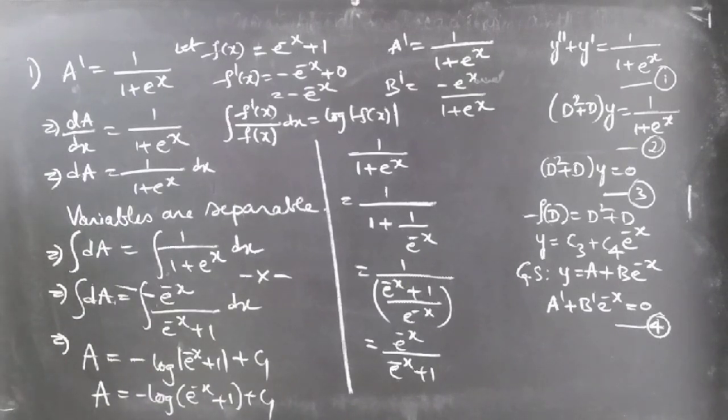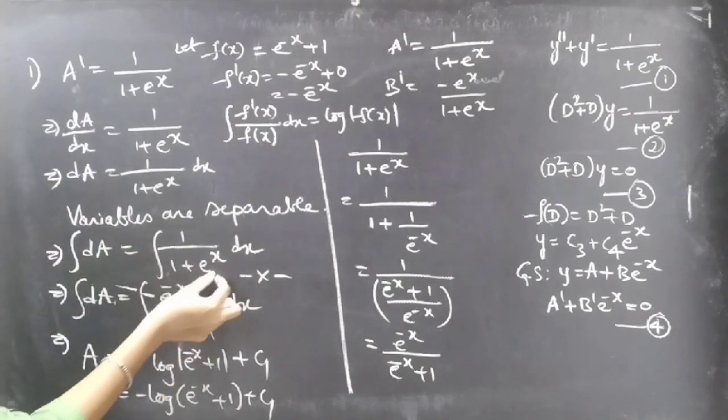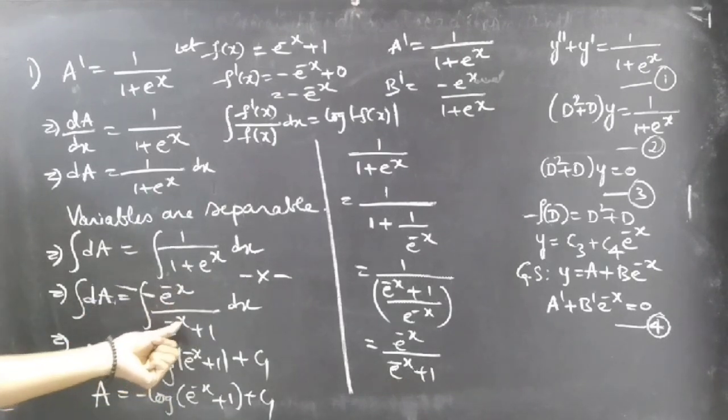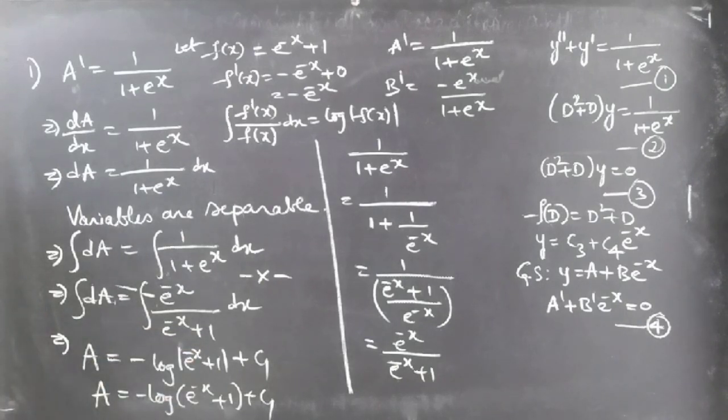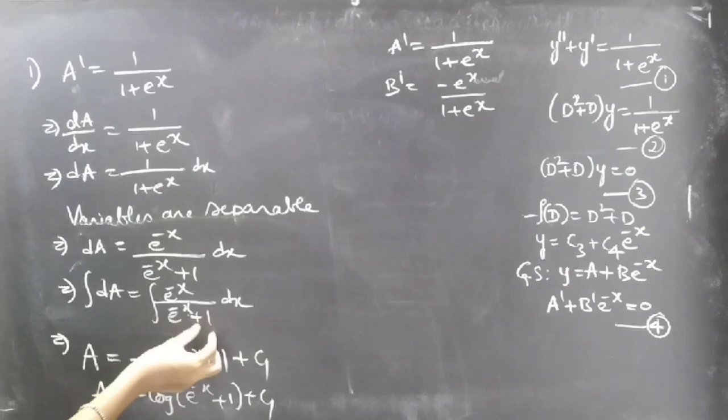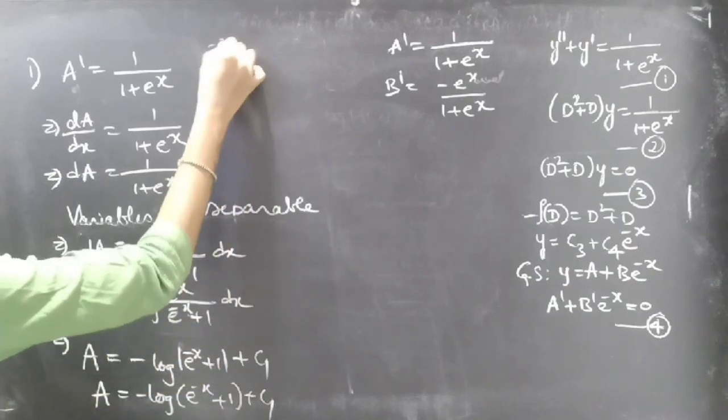Or, instead of taking e power minus x plus 1 as f of x, we can take it as some t. Let e power minus x plus 1 equal some t.